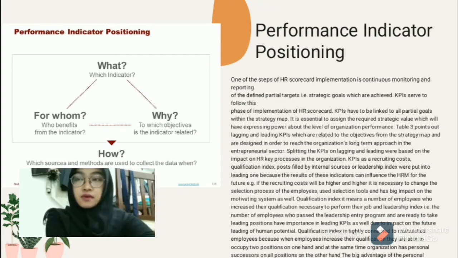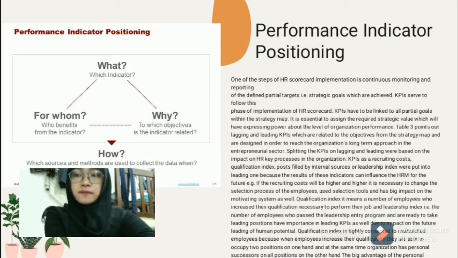So as we can see on this performance indicator positioning picture, there are 4 indicators which are what, why, for whom, and how. In what, there are the indicators that the company needs, and for whom is who benefits from the indicator, and why is to which objectives the indicator is related, and how is which sources and methods are used to collect the data.